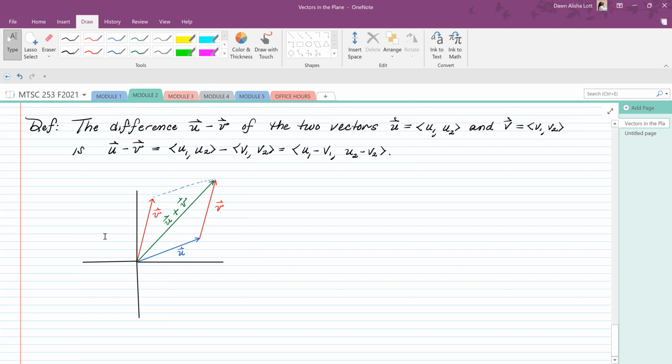Okay. So now minus V is in the exact opposite direction as V. So here's minus V. Let me do minus V in gray. So minus V is in the exact opposite direction. It's the same length. So this is minus V. And so therefore, I'm going to draw from here to that point.